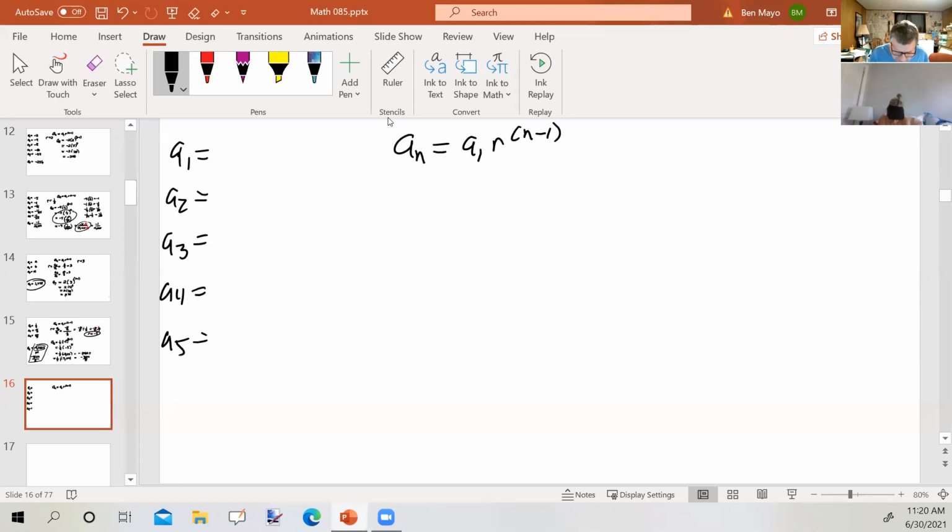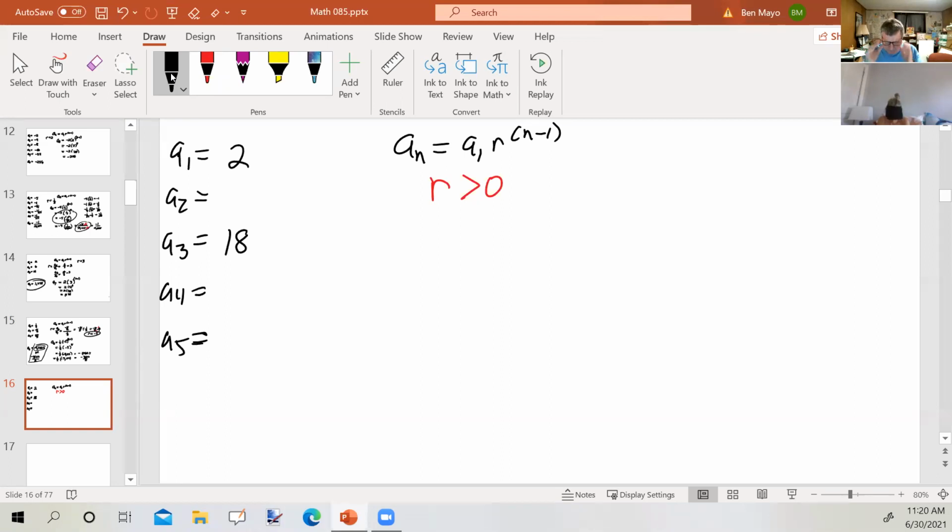It says the first term is 2. It says that r is greater than 0. We'll come back to that in a minute. And it says the third term is 18.